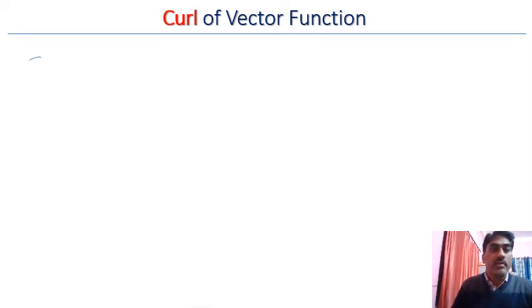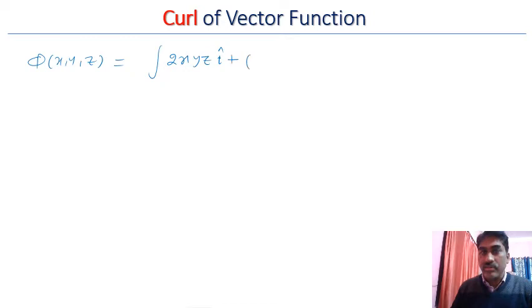V, this phi x y z as per our formula becomes 2xyz i plus (x square z plus 2y) j plus x square y k.